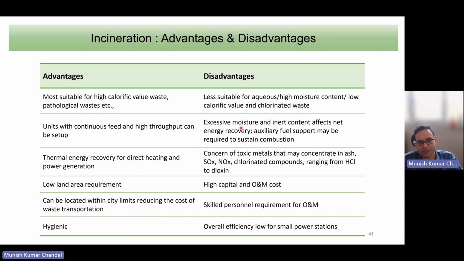However, excessive moisture and inert content affect net energy recovery, and auxiliary fuel support may be required to sustain combustion. As I already mentioned, if the moisture is high, it's going to be problematic. Thermal energy recovery is possible for direct heating and power generation, because we are now in an era where finding a renewable source of energy and a sustainable energy system is required.